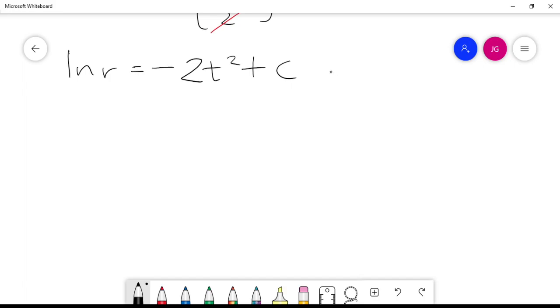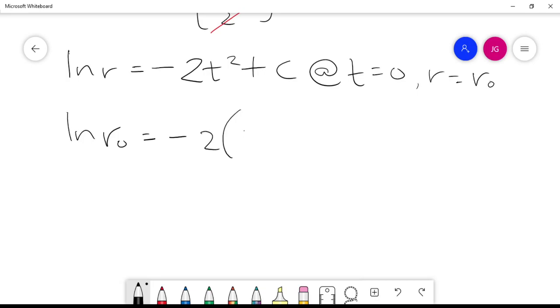So pangitaon daw nato ang constant in terms of t is equal to 0, then r is equals to r sub 0. Okay, so substitute na to, that is ln r0, then negative 2, 0 squared, then plus c.